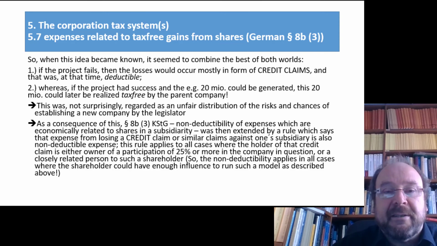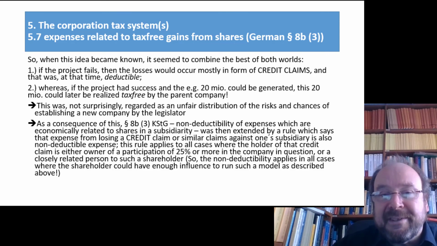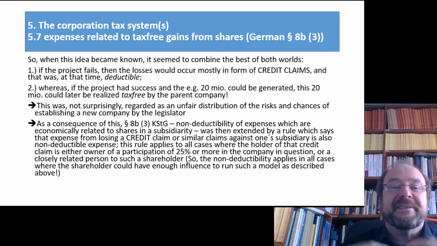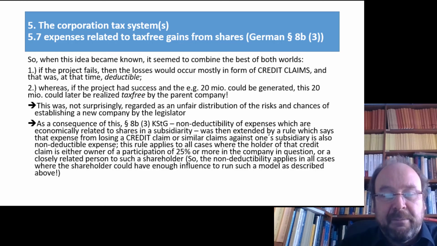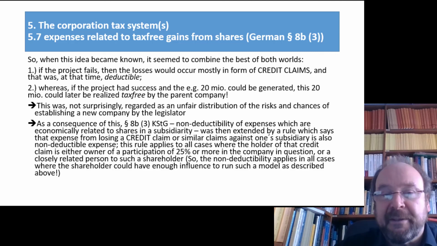extended by a clause which says, okay, if you are a parent company, so if you are somebody who holds 25% or more, so that you really can influence the behavior of the subsidiary company, so that you can bring them not to ask for equity but for credits instead.